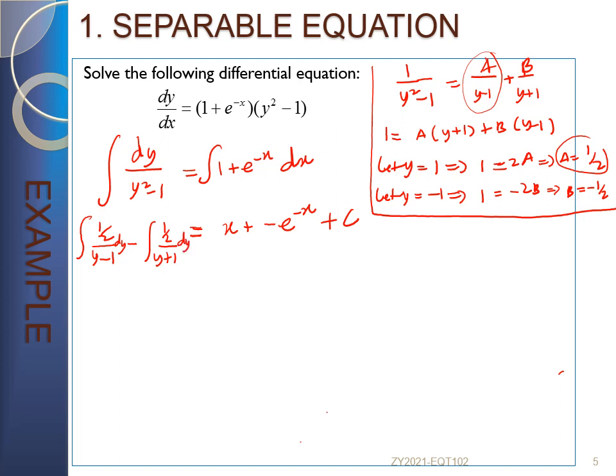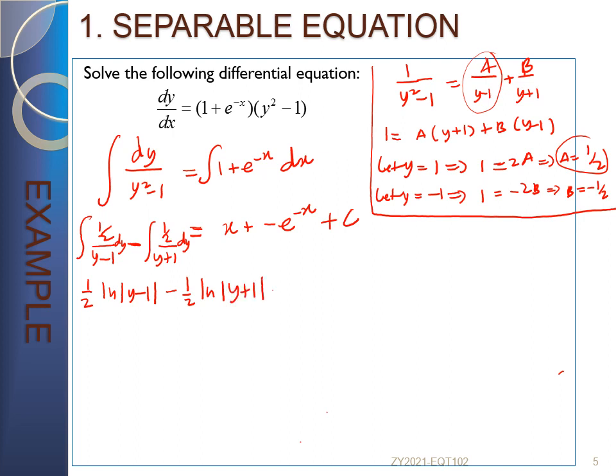Okay, we put the minus here. So now we'll have to integrate it. 1 over 2 is the constant. 1 over y minus 1 will be ln|y minus 1|, minus 1 over 2 ln|y plus 1|.